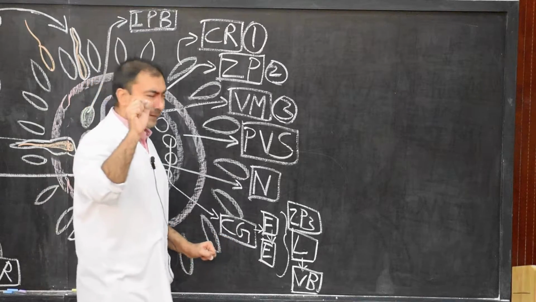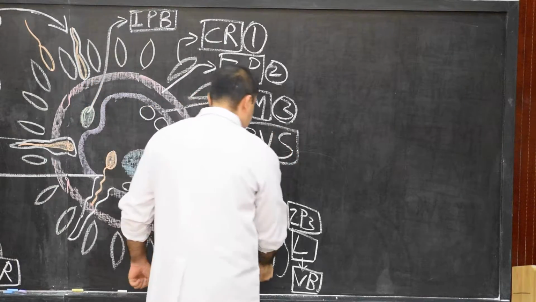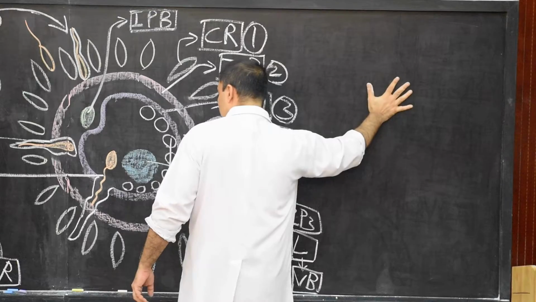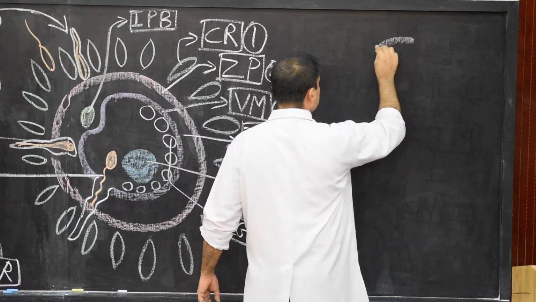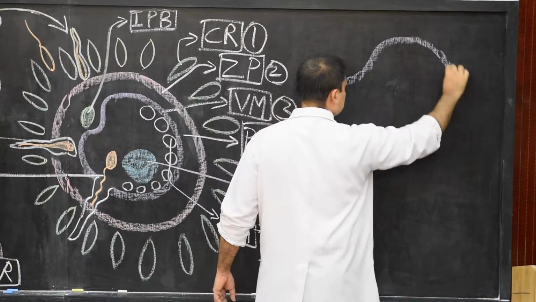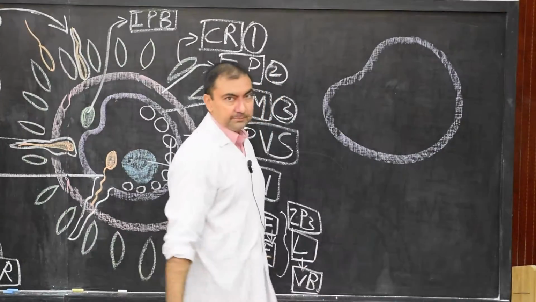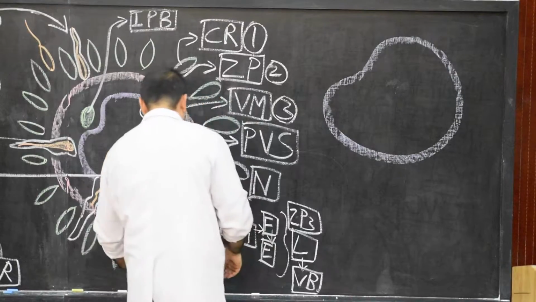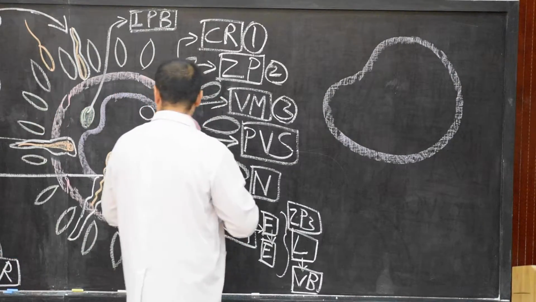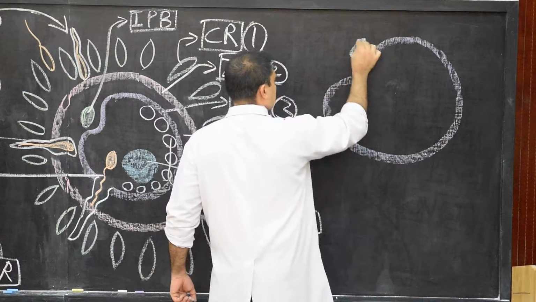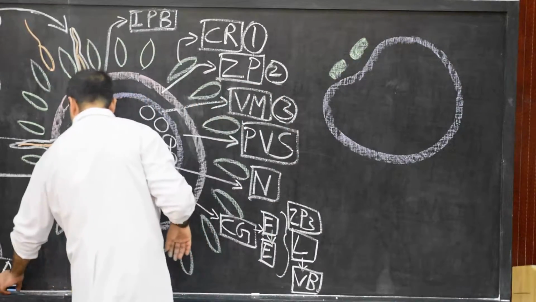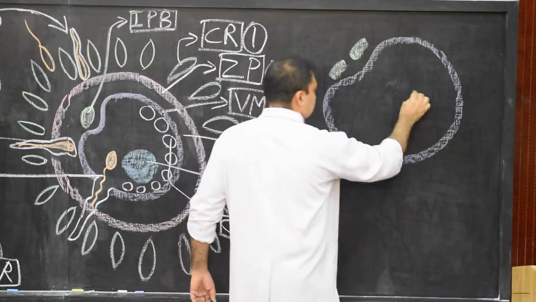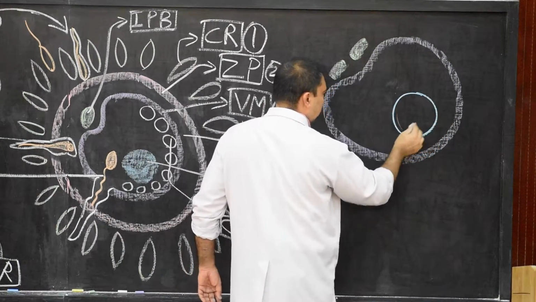Now we come to the final structure. Here I am going to draw the fertilized oocyte with the vitelline membrane. On the outside I draw the two polar bodies, and on the inside the nucleus of the mature ovum. At the end of the second stage, the second meiotic division is complete, because the calcium wave has set in and completed it.